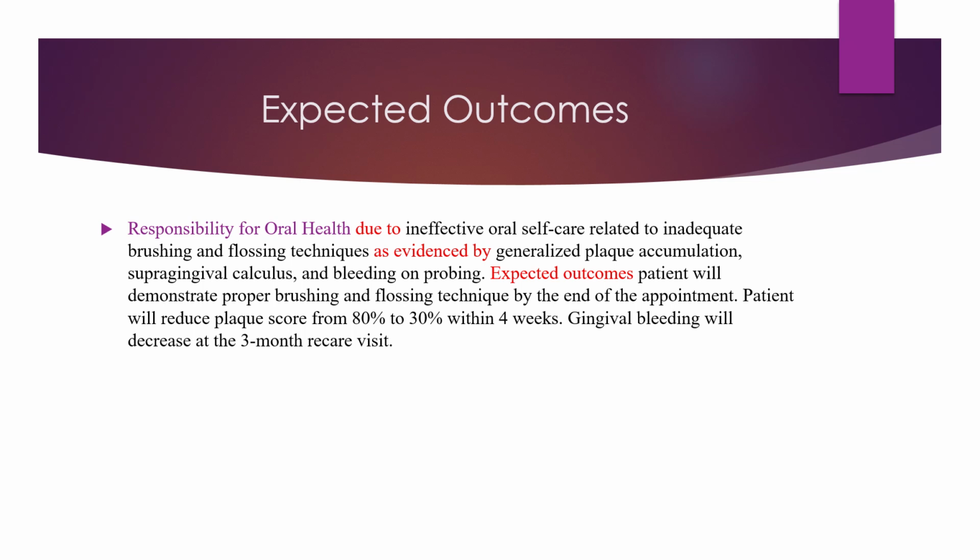The expected outcome is that the patient will demonstrate proper brushing technique by the end of the appointment, and that the patient will reduce their PI score from 80% to 30% within 4 weeks. Gingival bleeding will decrease within 3 months.